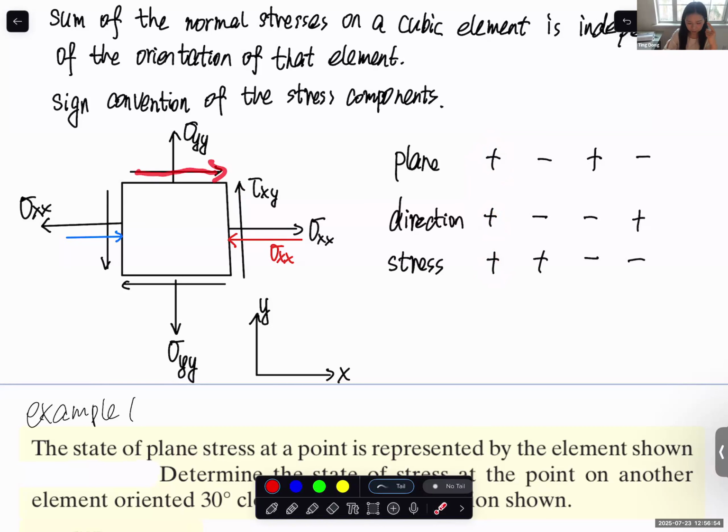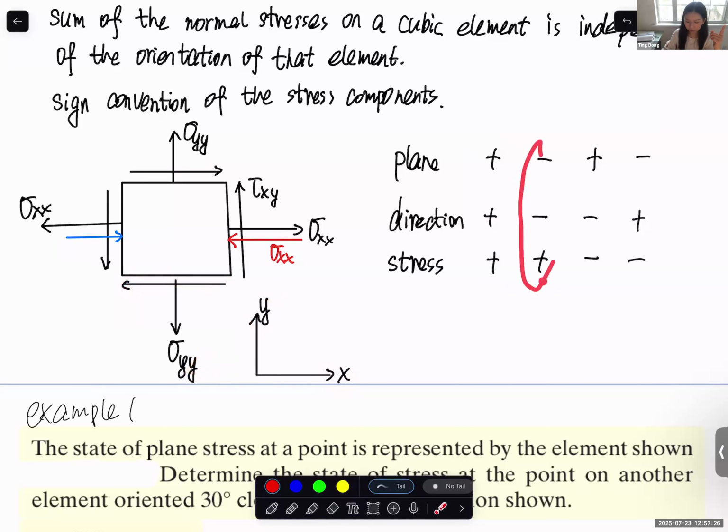Same thing, this one. This is also on the positive y plane and in the positive x direction, right? This is positive y plane, this is the positive x direction. So same thing. We can also choose this one to check. Well, this is tau xy, the magnitude should be the same. For the sign convention, let's check. This is on the negative y plane and it's in the negative x direction.